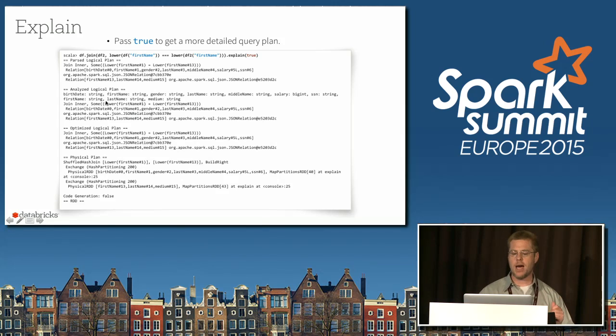We know what all the different types are. Optimized logical plan. Well, in this case, the optimized logical plan actually looks quite a bit like the analyzed logical plan. I have to squint at this pretty hard. I'm not sure I'm seeing a lot of optimizations there. But in many cases, you'll see optimizations going between these two. And then the physical plan. So how is this actually going to be converted into RDDs?